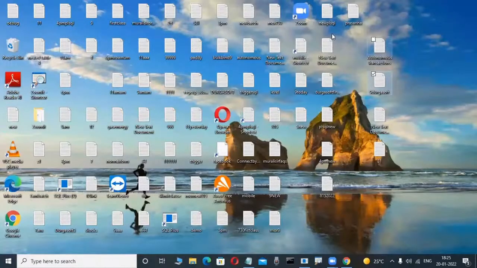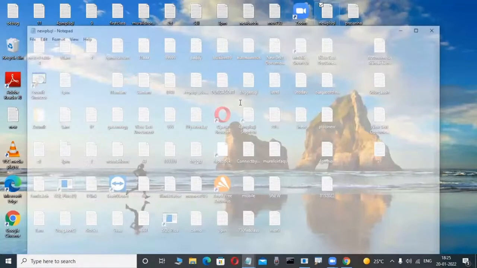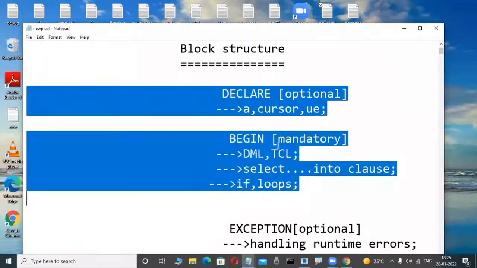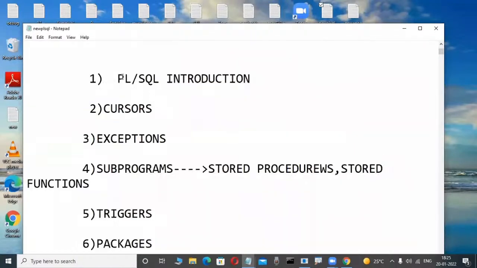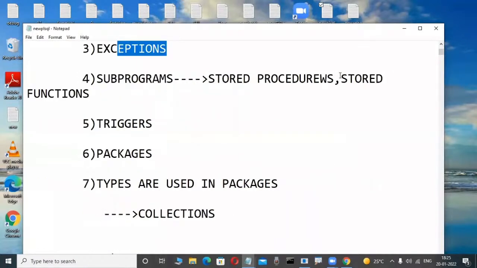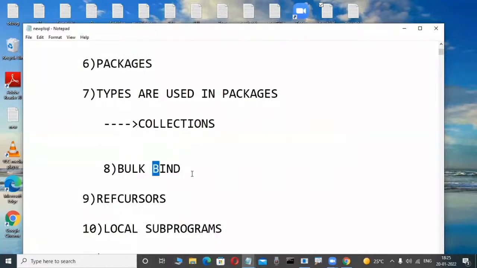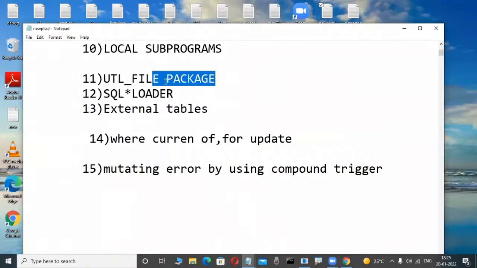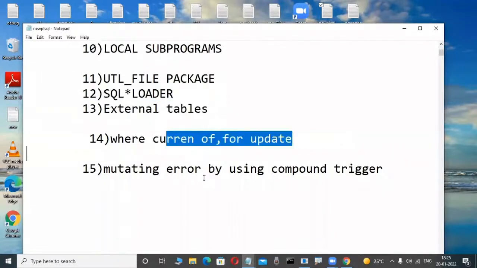Again, PL/SQL means a little bit of coding. Don't be afraid. In PL/SQL there are cursors, exceptions, stored procedures, stored functions, triggers, packages, types, collections, bulk bind, ref cursors, local subprograms, UTL_FILE package, SQL Loader, external tables, so many things.